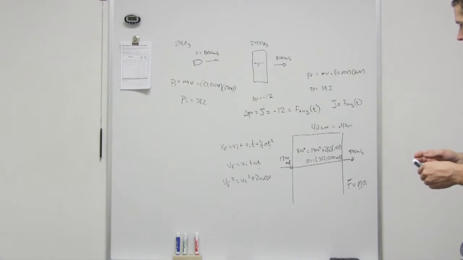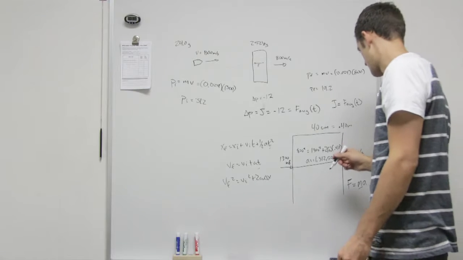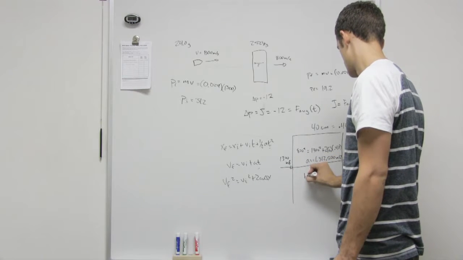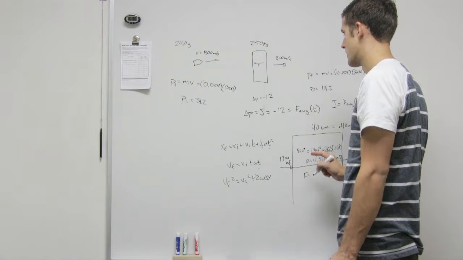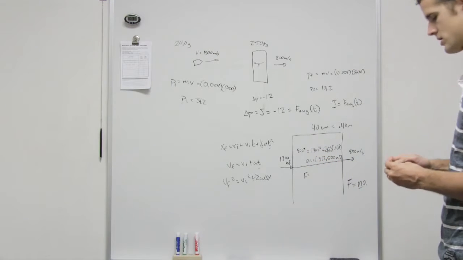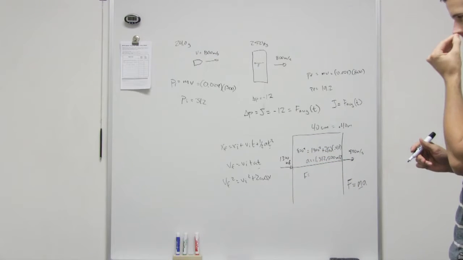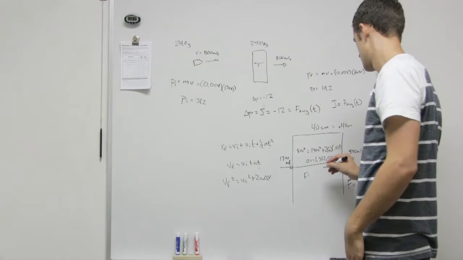You multiply it by the mass, which is 0.024.